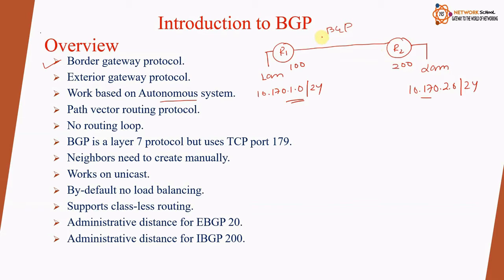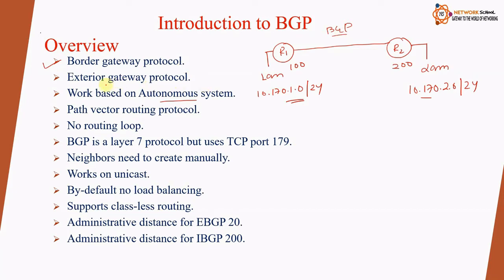I will provide more information about eBGP and iBGP as we go ahead. But for the time being, just know this: whenever we establish communication between two autonomous systems, we need a protocol known as BGP, Border Gateway Protocol.